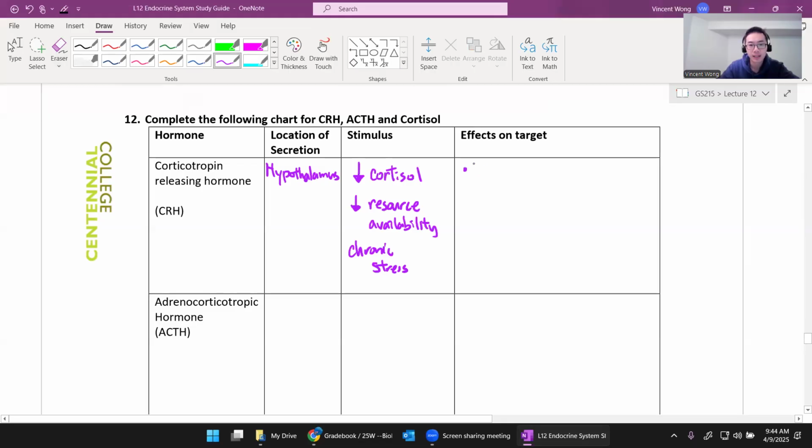And the effect is to trigger the anterior pituitary gland to release ACTH. It's exactly the same wording as the previous chart. We just substitute TSH with ACTH, right? It's the same kind of pattern.